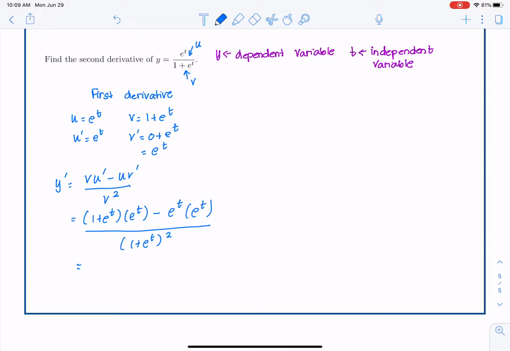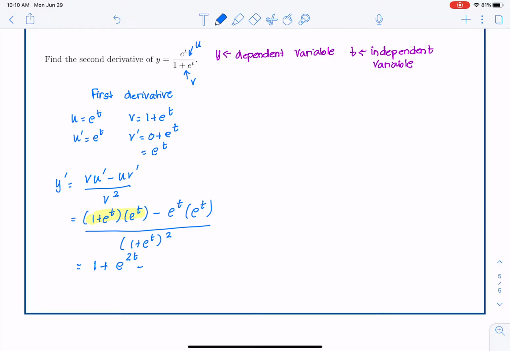Again, think about it anytime we move on to higher order derivatives, just simplify first. So FOIL the first term here. So we have 1 plus e raised t times e raised t is e raised to t.